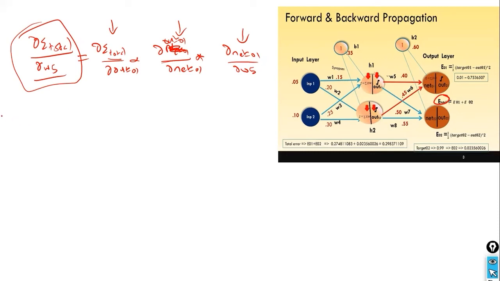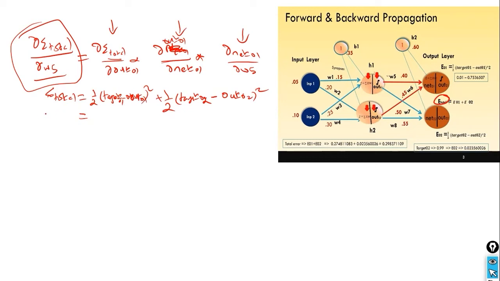The E total is nothing but E o1 plus E o2, so one half into (target o1 minus out o1) squared, plus one half into (target o2 minus out o2) squared. Simply plug in the values here.